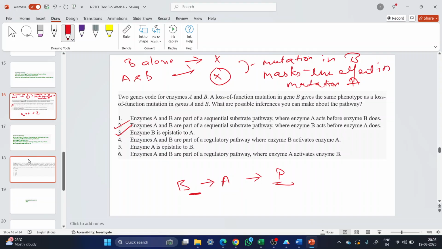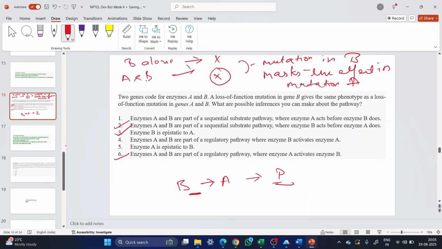Yes, because B is acting upstream of A and A activates B. How A activates B? Because it's a regulatory model. All are compatible with the genetic results. So the answer would be this, and sixth. So the first logic is your epistatic logic, where only B is also giving the same phenotype as A and B both.